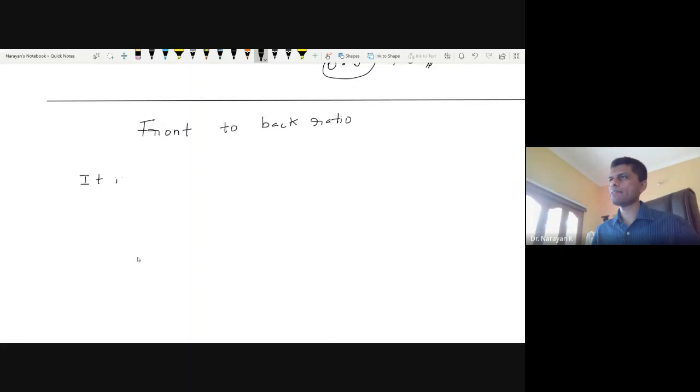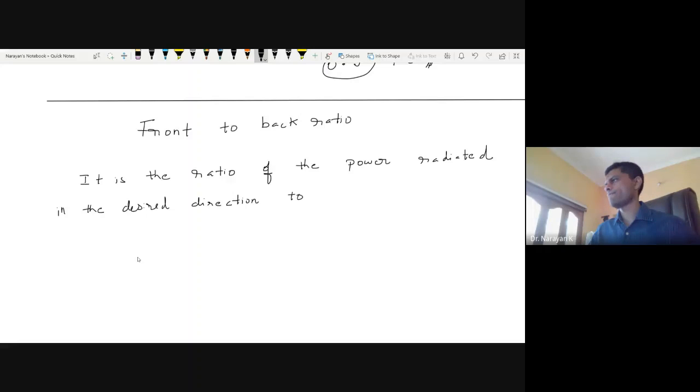It is defined as the ratio of the power radiated in the desired direction to the power radiated in the opposite direction.